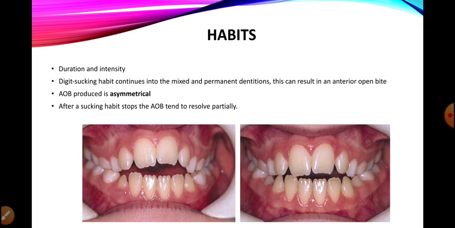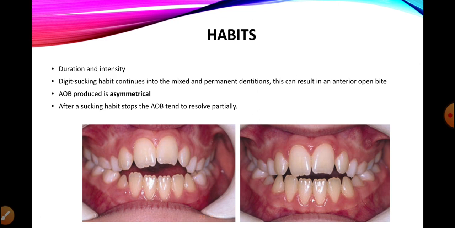Now, another etiological factor contributing to anterior open bite is the non-nutritive sucking habits. What matters about a habit is the duration and the intensity of the habit. By duration, I mean if a habit is continuous for like 6 hours a day, or it continues till the mixed dentition.